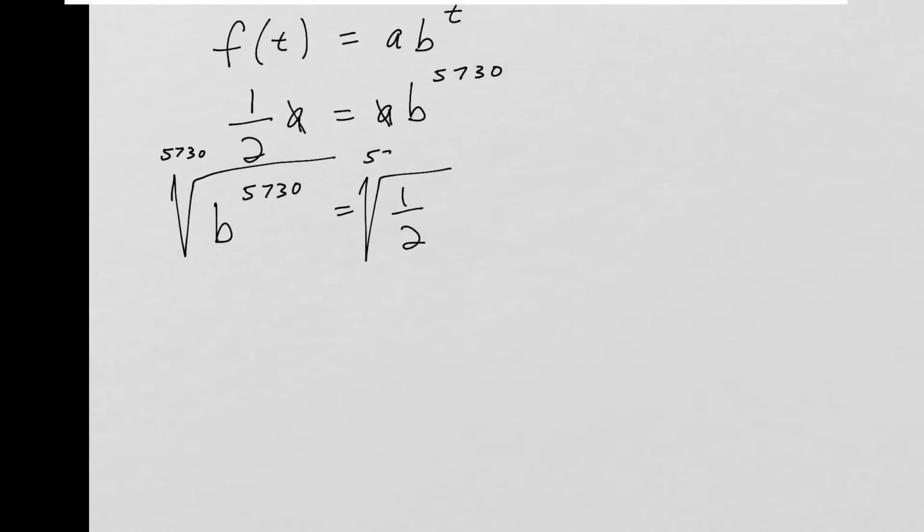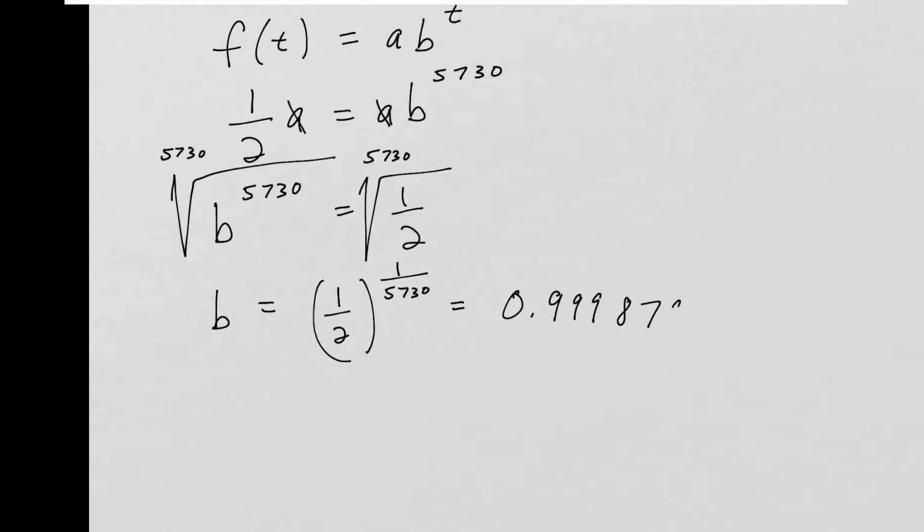But that's equivalent to raising 1/2 to the 1 over 5,730 power. And you have to go to several decimal places to get an accurate answer, because it's very close to 1. It ends up being 0.999879. Okay, so that's b.